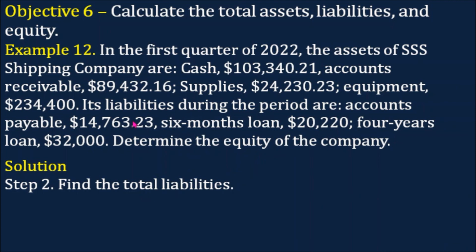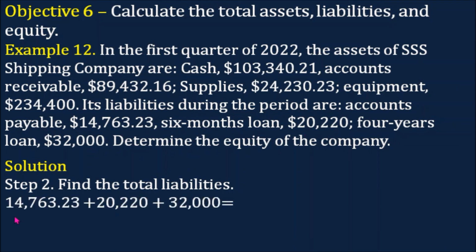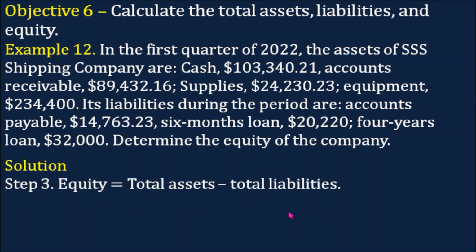So the liabilities are accounts payable, 6 months loan, 4 years loan. These are the amounts, and the sum of these three amounts is $66,983.23.